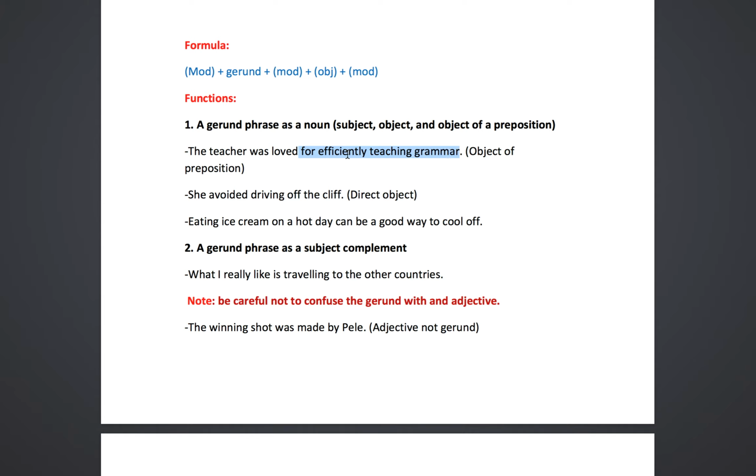So we added efficiently, which is an adverb, and here we have grammar, which is the object of the gerund phrase. So after for, we have efficiently teaching grammar, which is the gerund phrase in the sentence, and it's functioning as the object of the preposition for.